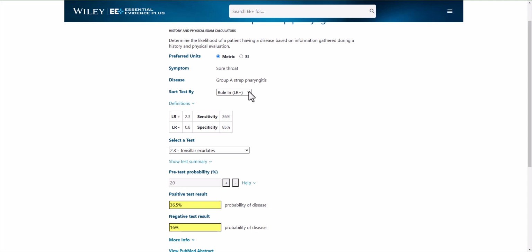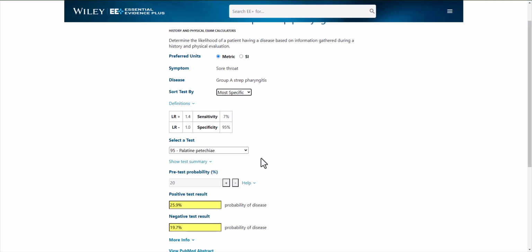So likelihood ratios that will pop up in your evidence-based physical diagnosis book by McGee. So we can sort the tests by that, so the likelihood ratio, so that's a rule in if it's a likelihood ratio positive, or we can sort it by ruling it out, and that will change the way that the calculator is presented. We can look at the most sensitive versus the most specific.